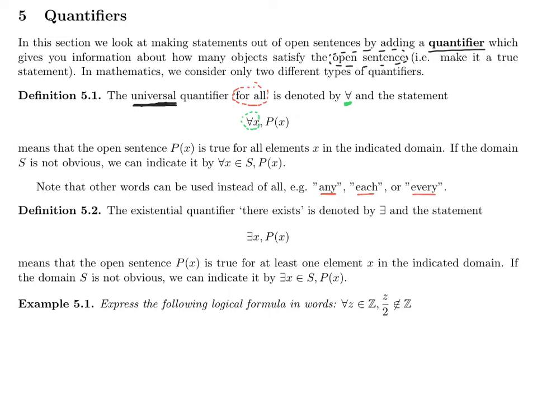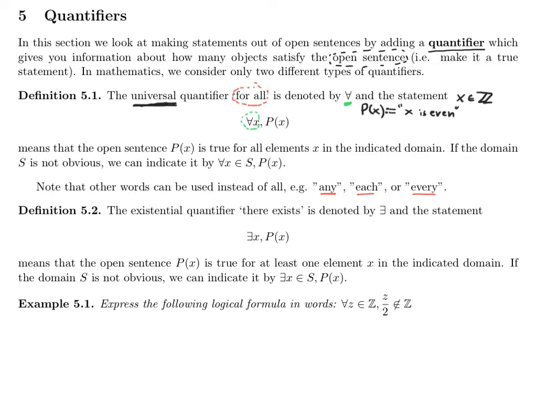Let me make this into more of an example by putting some actual open sentences here. Let's say x is an integer, and let's say p of x is the statement x is even.